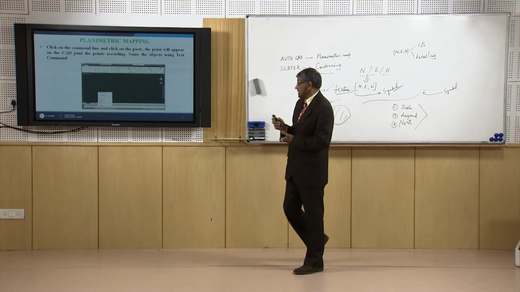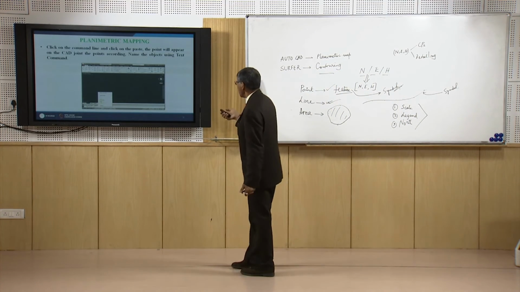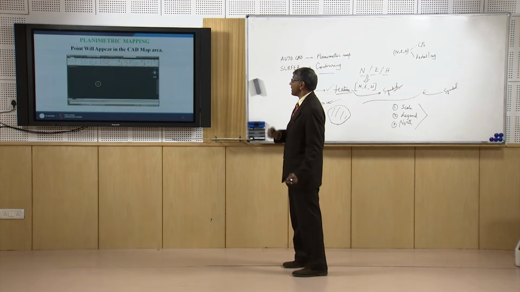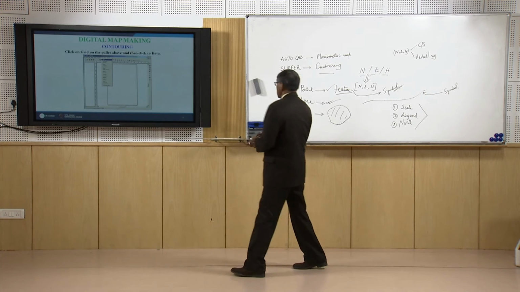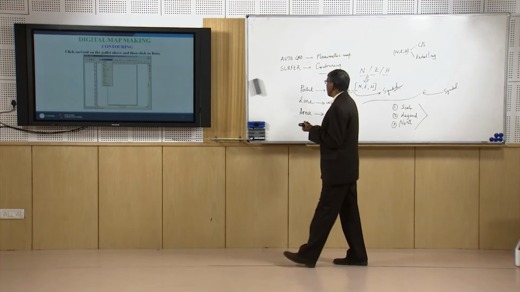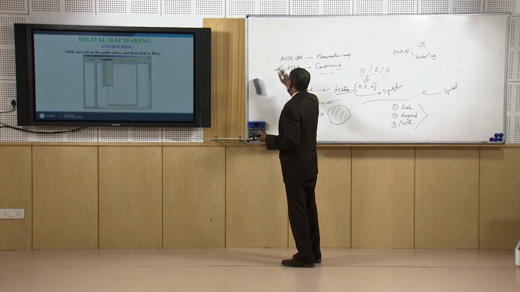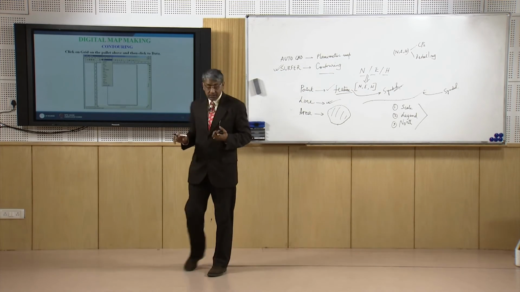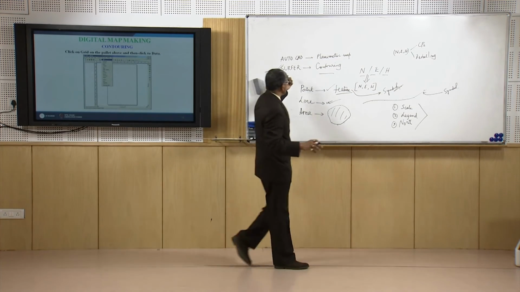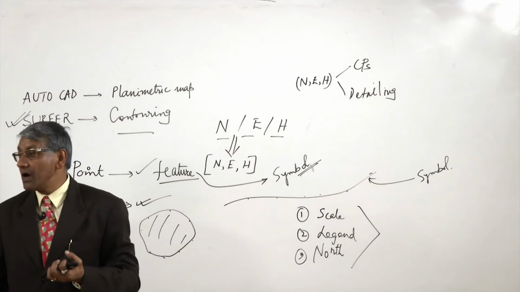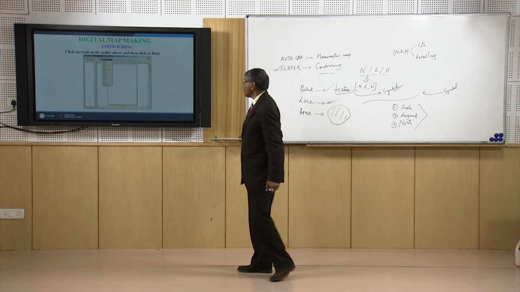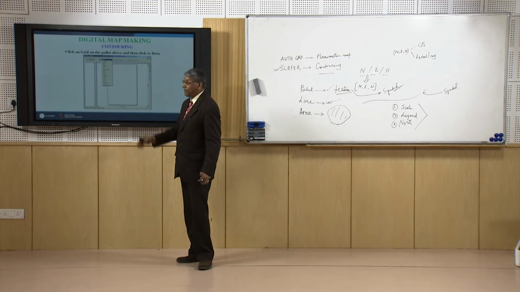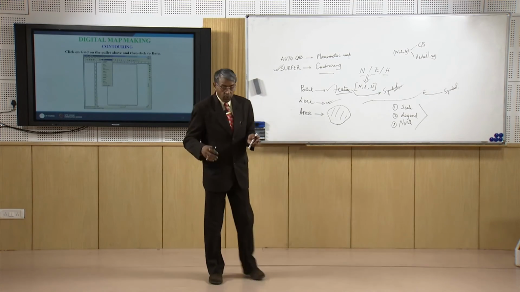Next we can make use of the Surfer package for contouring. We will open the Surfer package, and again similarly we will go for the grid module and prepare the grid to the scale which we want.